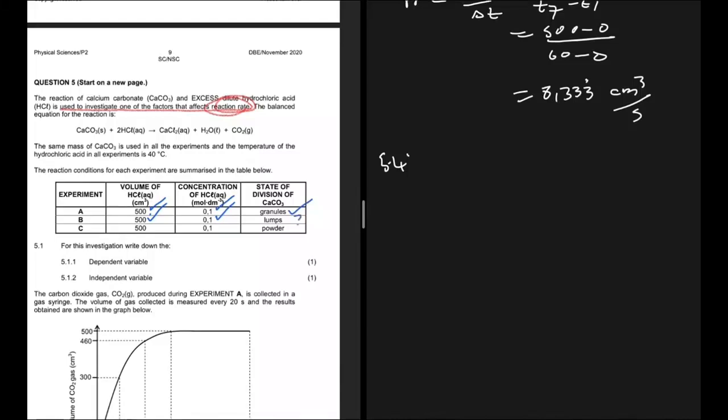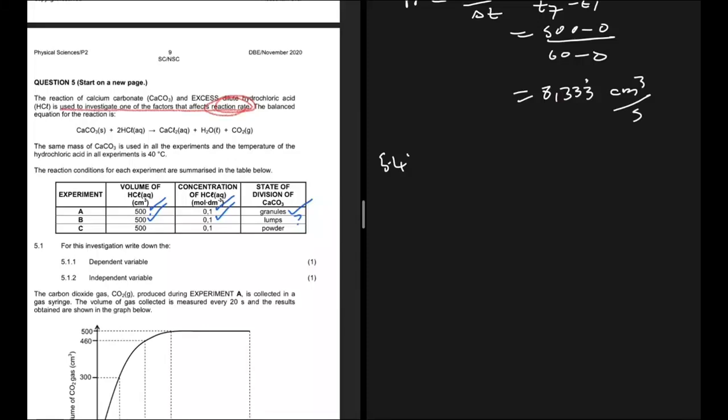So the reaction rates will be different for these two reactions, but at the end of the day, the volume of CO2 at the end will be the same, because it is said that they use the same mass.